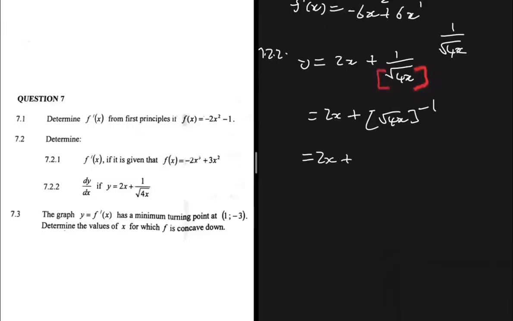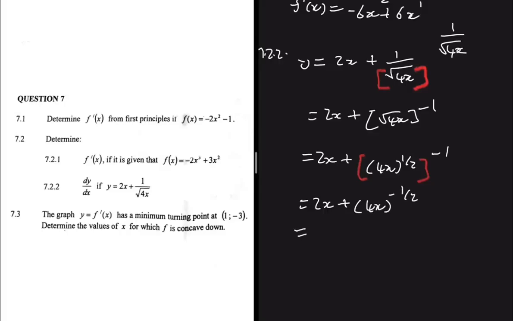So instead of writing square root of 4x, I'm gonna write 4x to the power a half. That's the same thing as having the square root, right? And then this is all to the power minus 1. So 2x plus, and then we're gonna have a half multiplied by minus 1, right? So that will be 4x to the power minus a half.